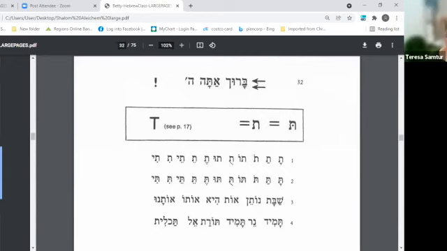Oh, okay. It's the elongated vowel. So Tzadi, Yud, Tzadi, Yud, Taf. See, that's one that I wrote in my book.